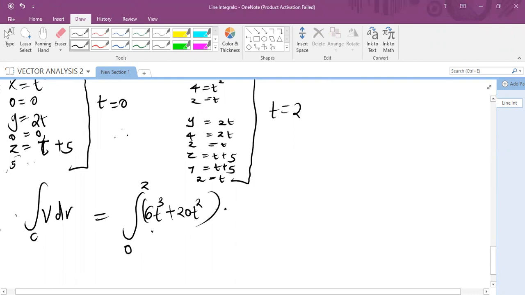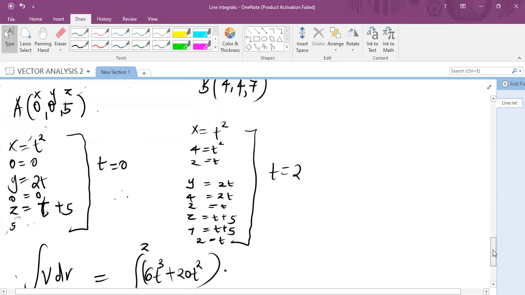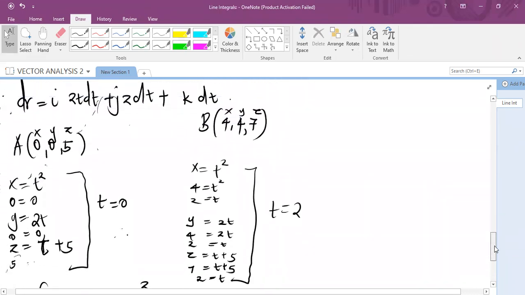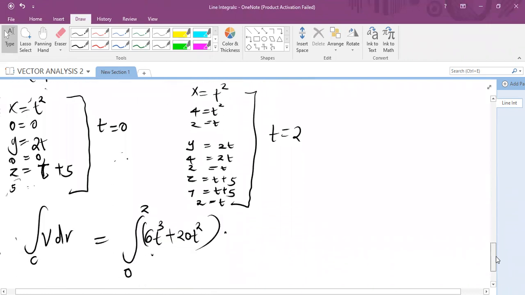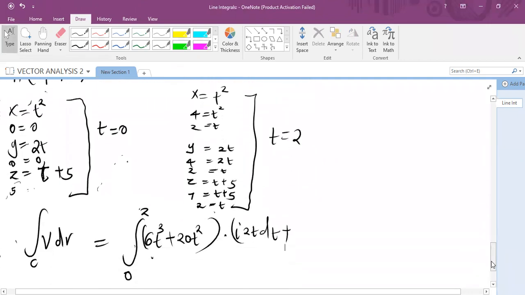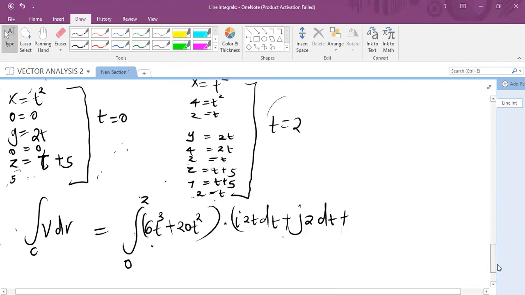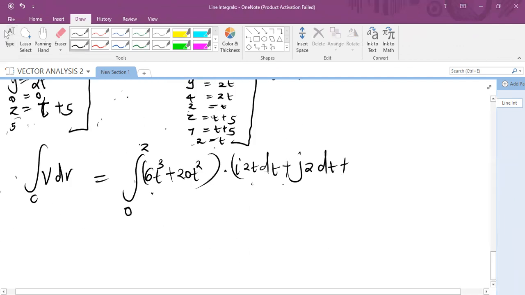And then finally, the value for dr. So for dr, we have i 2t dt, plus j 2 dt, and finally plus k dt. So let's evaluate this.